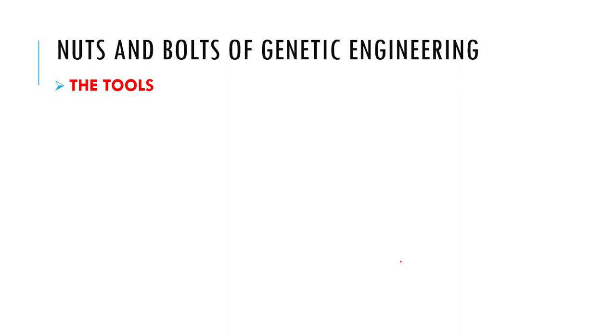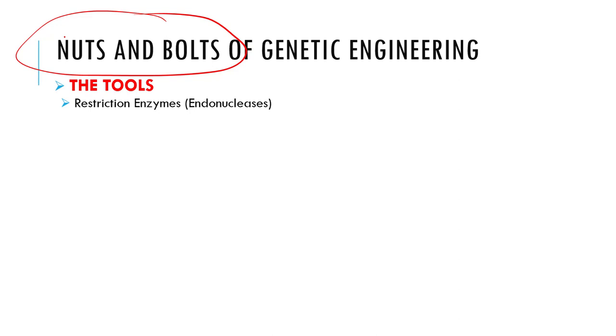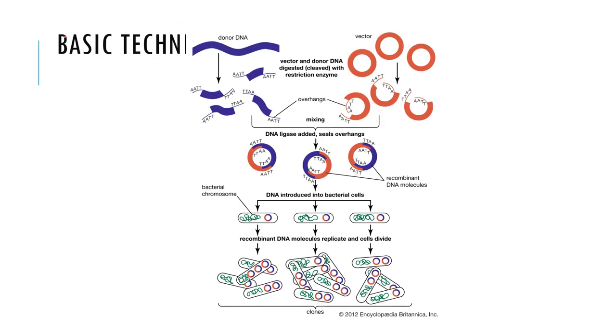Next is our discussion of the tools of genetic engineering, or what we have mentioned here, the nuts and bolts of genetic engineering. If you take a look at the previous slide, as you can see, we have cleaved this particular DNA molecule.